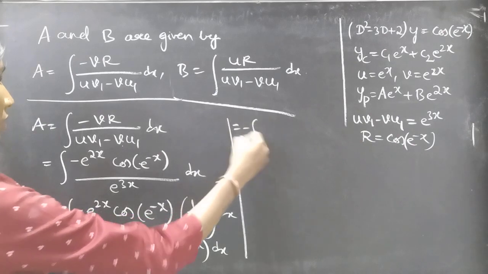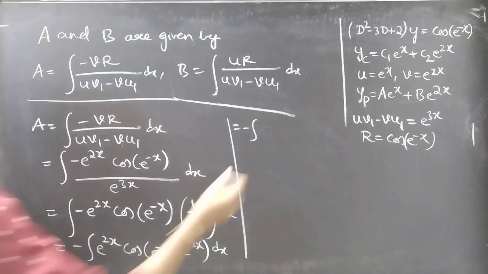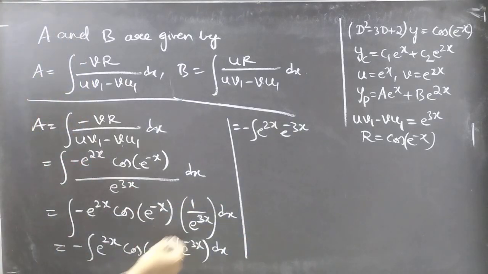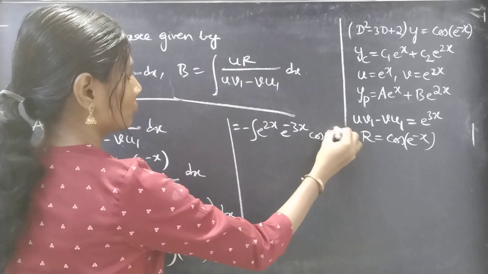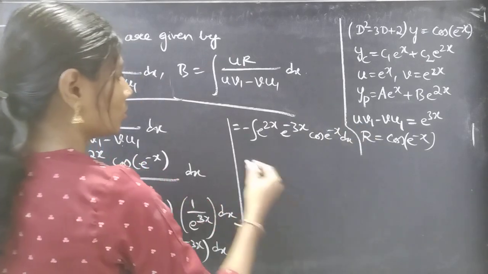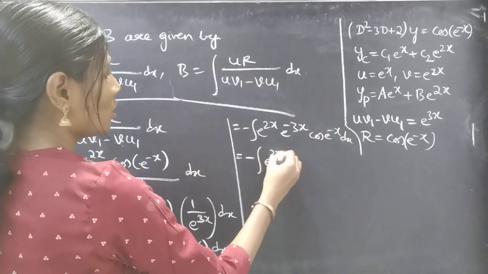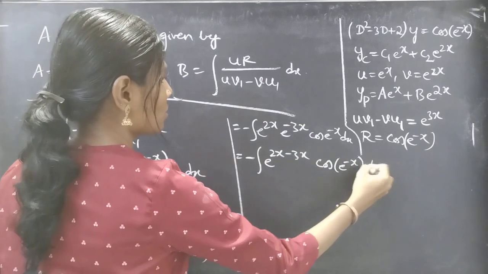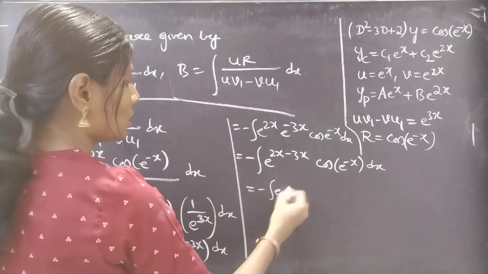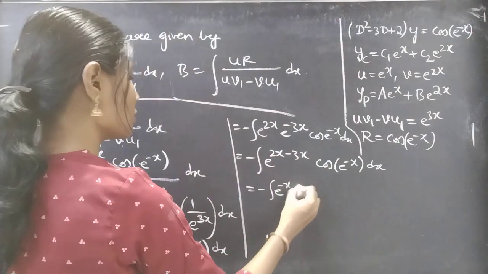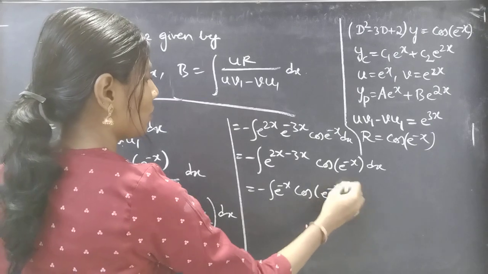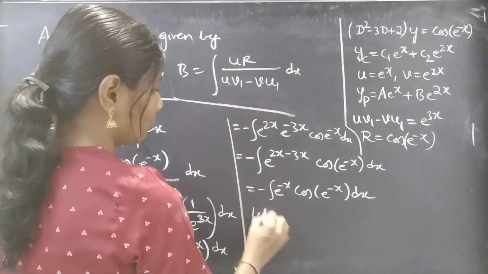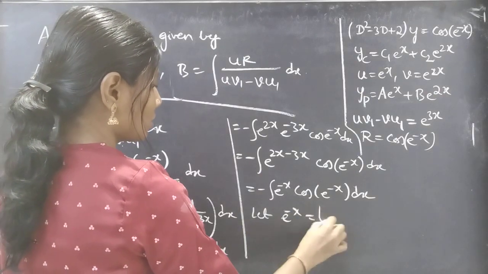This equals minus integral e^2x into e^(minus 3x) into cos of e^(minus x) into dx, which equals minus e^(2x minus 3x) into cos of e^(minus x) dx, which equals minus e^(minus x) into cos of e^(minus x) into dx. Let e^(minus x) equal some t.